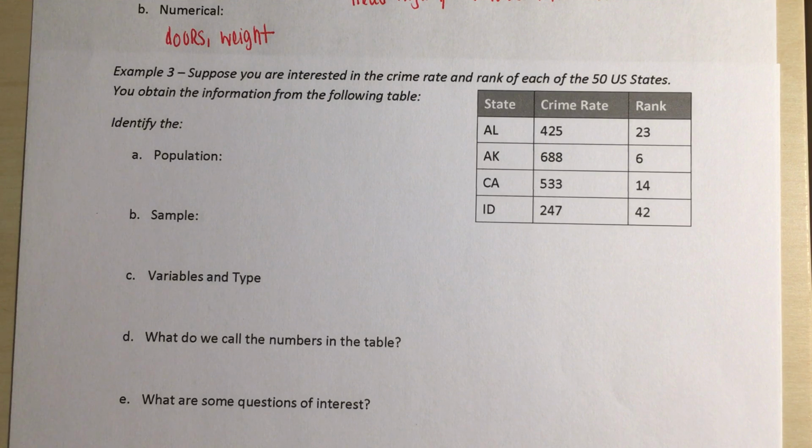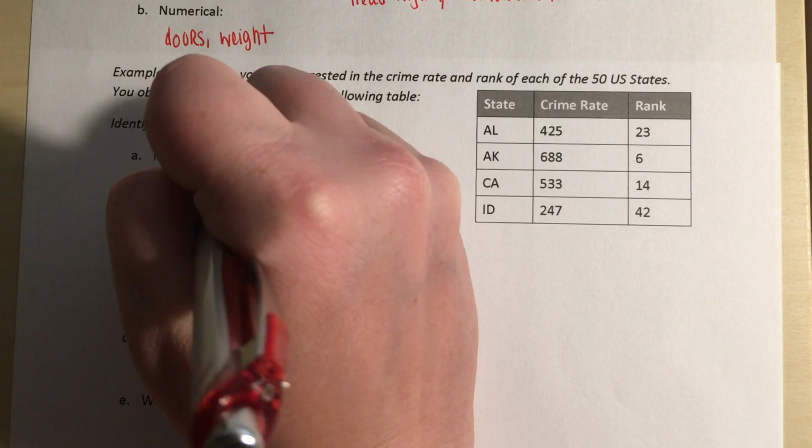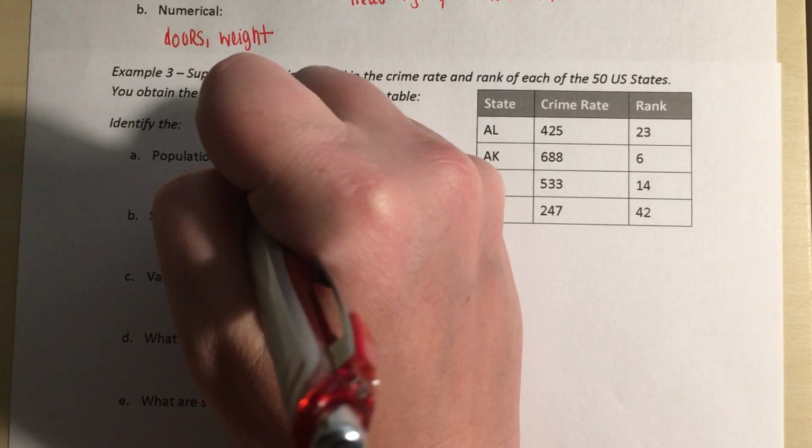All right, so population. Going back to our definition in the previous video, where we started in section 1.2, remember population is all. So if we're looking at this information, we are probably thinking about all 50 states.